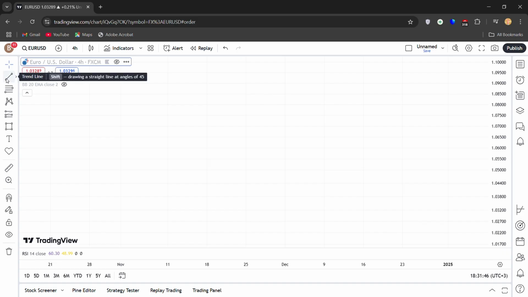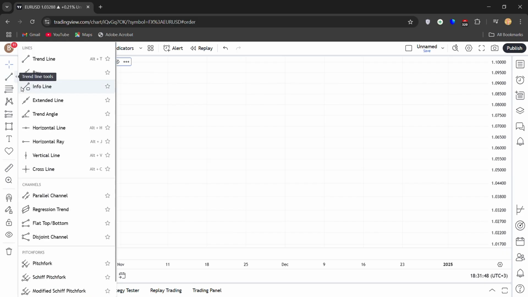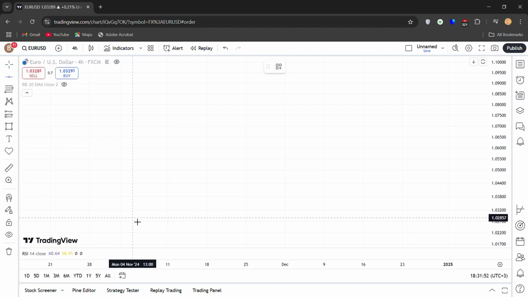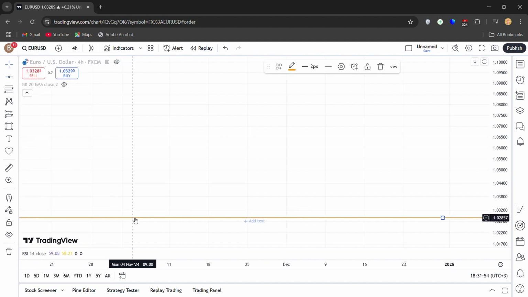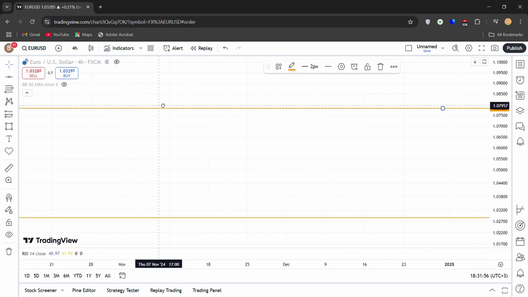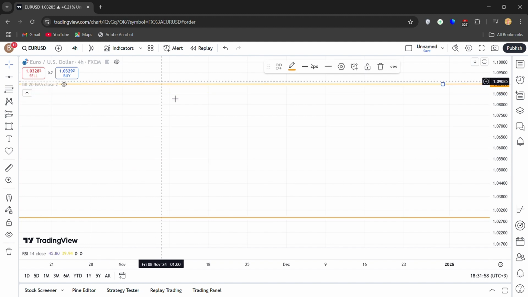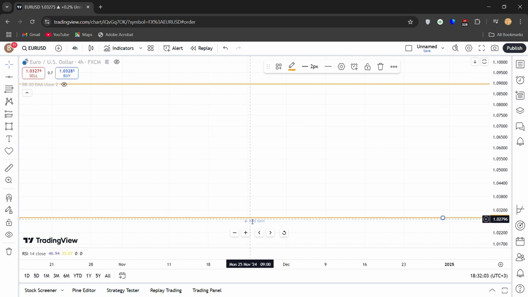With support and resistance, assuming you have two levels, you have your level down here and your level up there. The lower level is like a floor, and this is what we call support. The upper level is called the resistance. Support is like a floor.